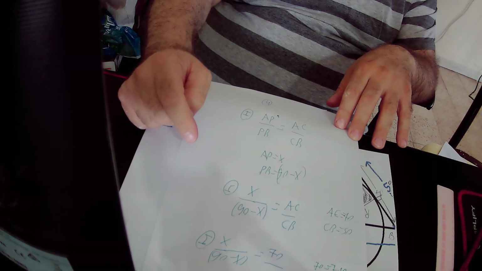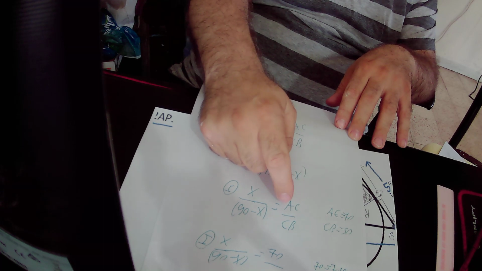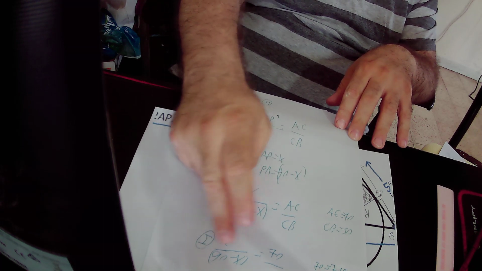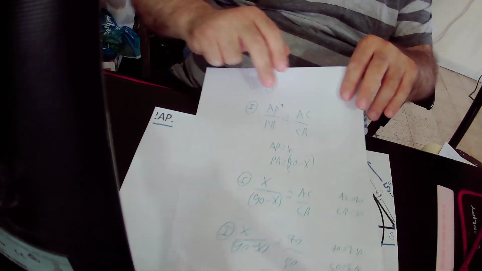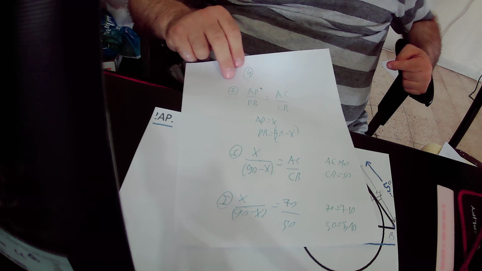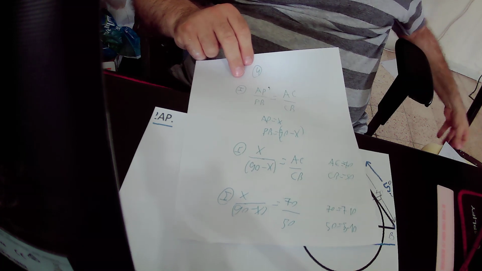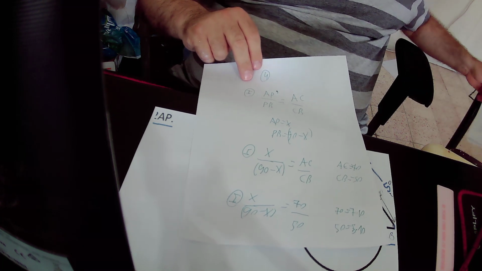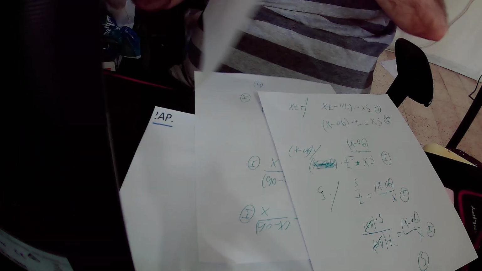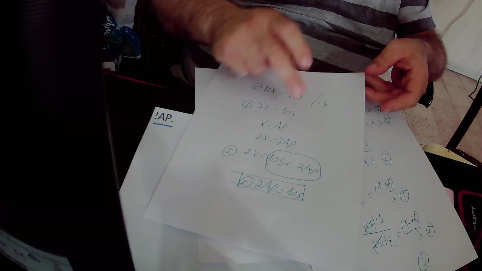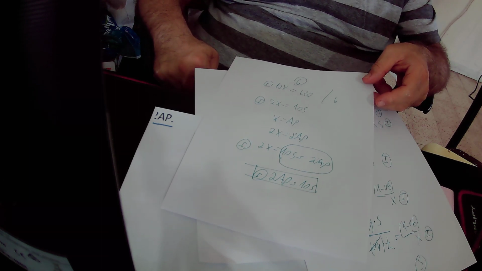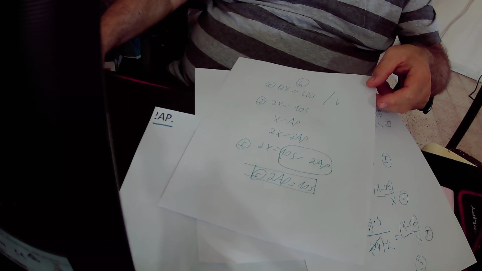So we can substitute AC by 70 and CB by 50, and we got that x over 90 minus x equals 70 over 50. It is one equation with one variable. So at the end we got that 2 times AP equals 105 units. Okay? Thank you very much.